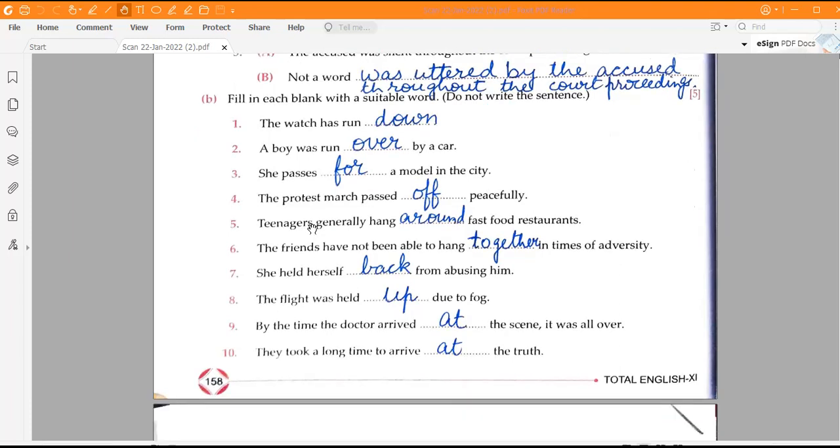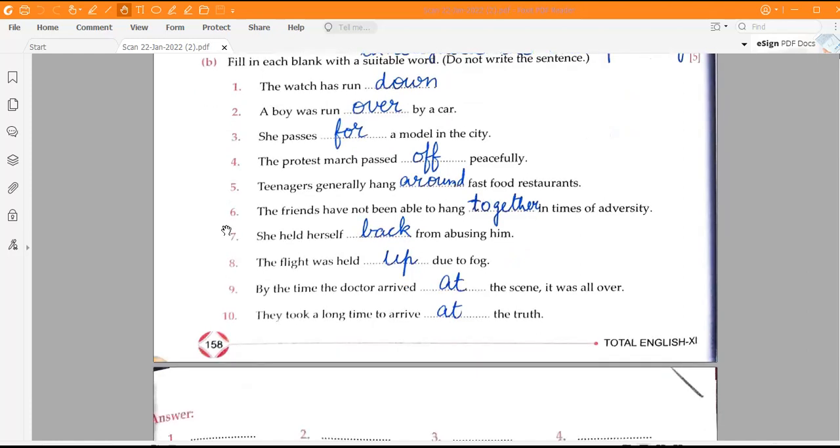Fifth one, teenagers generally hang around fast food restaurants. Sixth one, my friends have not been able to hang together in times of adversity.